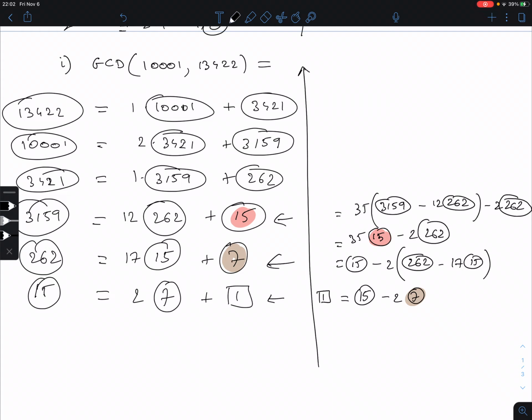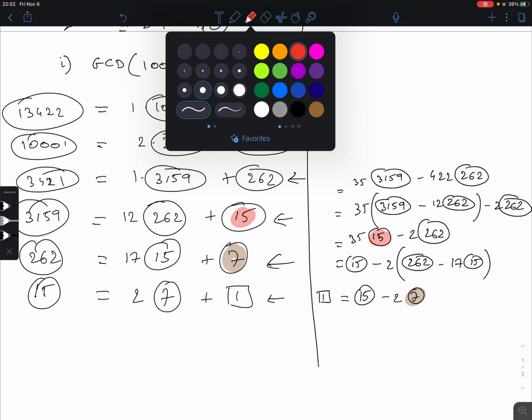So where are we? We have 35 times 3159, and expanding 35 times 12, that's already a big number. That is 420, and then minus 420, minus 2, so minus 422 times 262 circled. Now it's time, so I'll do the coloring again.